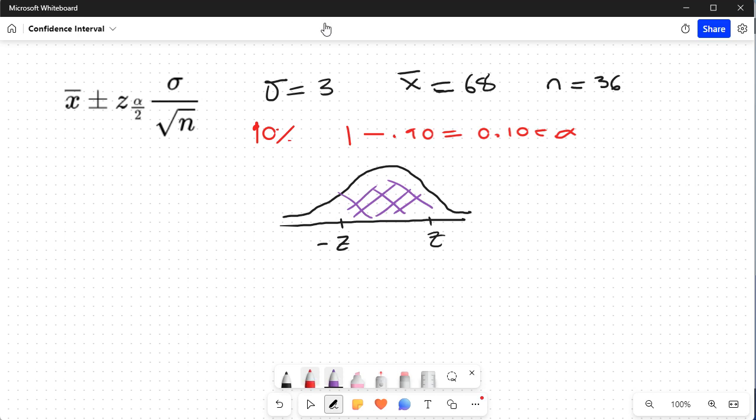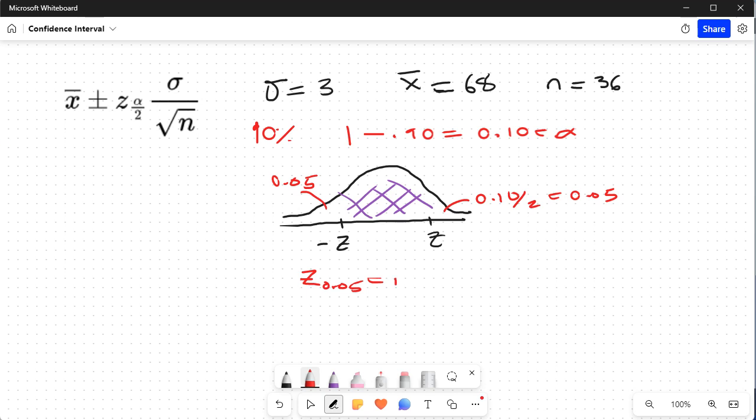What that means is you're taking alpha and dividing it into two portions, so 0.10 divided by 2 is 0.05. Similarly, the area to the left of our negative critical value would be 0.05. So we'll try to find z sub 0.05, because we're taking alpha and dividing it by 2.